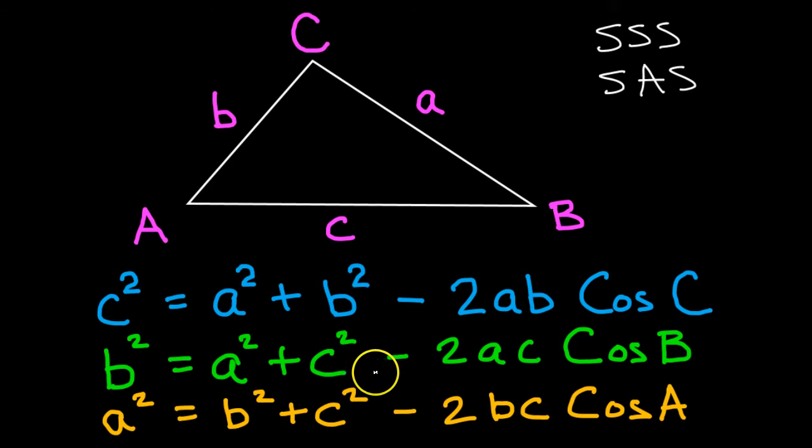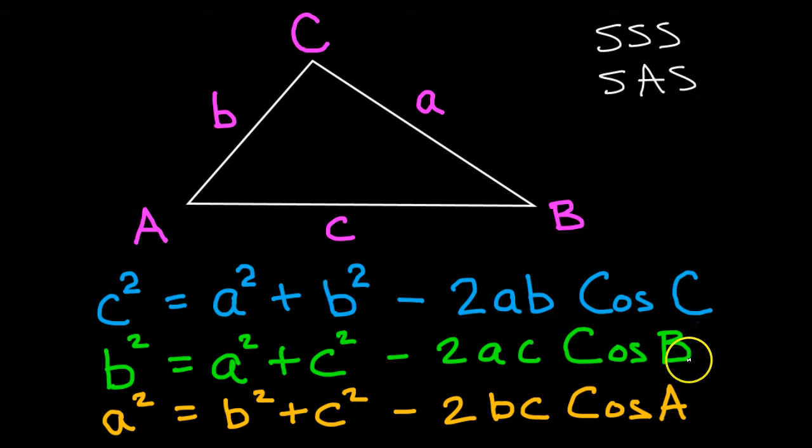And then because there's nothing special about side c, there's no hypotenuse, it's not a right triangle, it doesn't matter which side you start with. So if I need to solve for side b, for example, then I would start with b squared, and that will leave a squared and c squared, and minus 2ac.